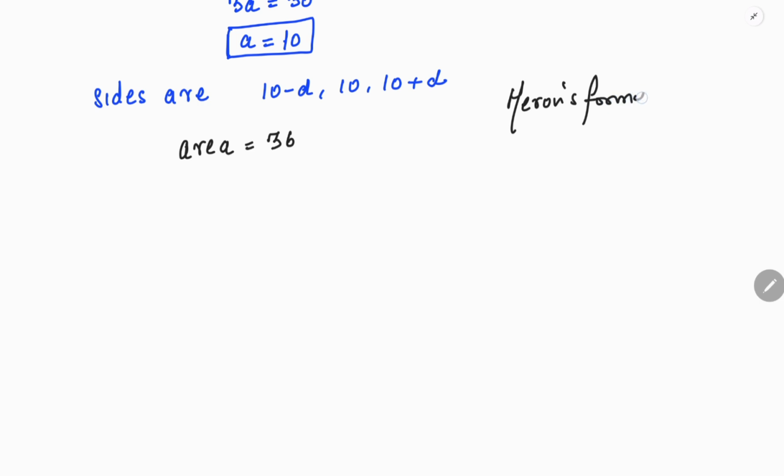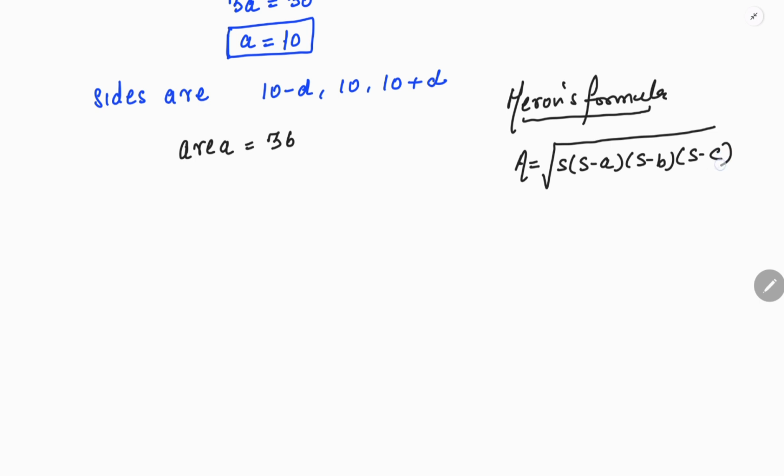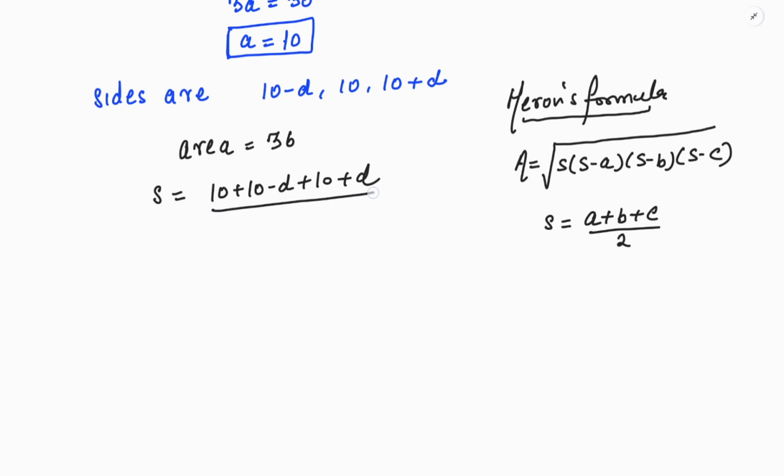What is Hero's formula to calculate area? Area is the square root of S times S minus a, S minus b, S minus c. And what is S? S is equal to a plus b plus c by 2, the semi perimeter. So S here is, when you add all the sides, 30 by 2, that is 15.